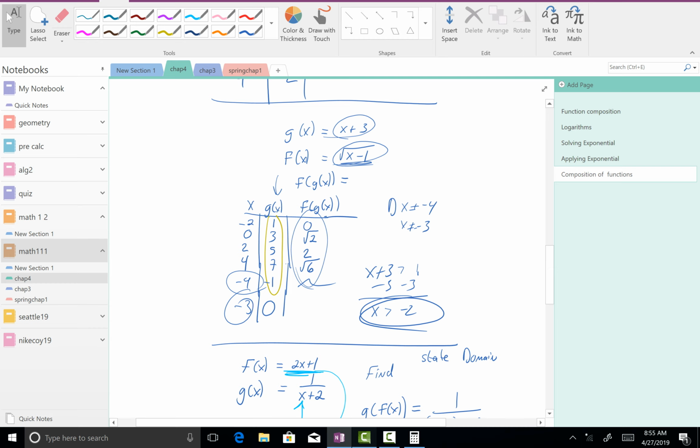Now, this is our outputs from this inner function of G. Those outputs aren't part of the domain, even though they become the inputs into the F. But what we're interested in is which one of these is no good to us.